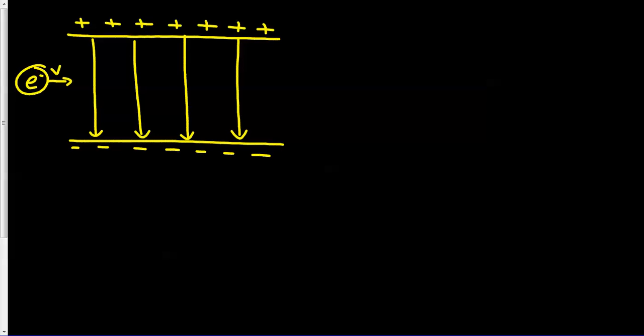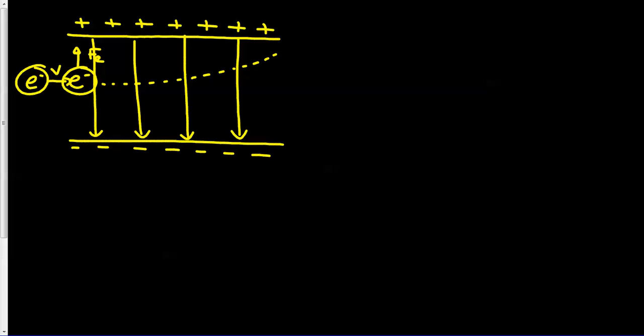So when this electron enters this field, it is going to have an electric force up. So it's got a velocity going to the right in this diagram, it's got a force that's going up, and that direction of that force is always up. It doesn't change as it starts bending. And so what we could see is that this electron is going to take a parabolic path within the plate.